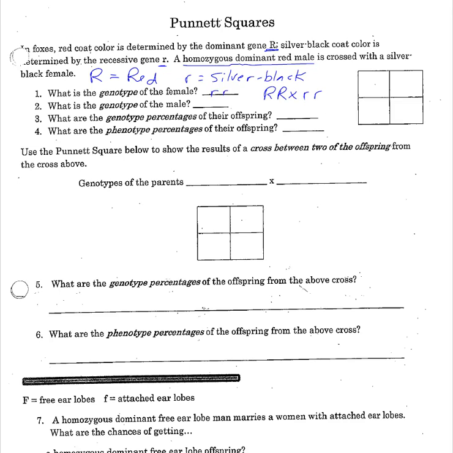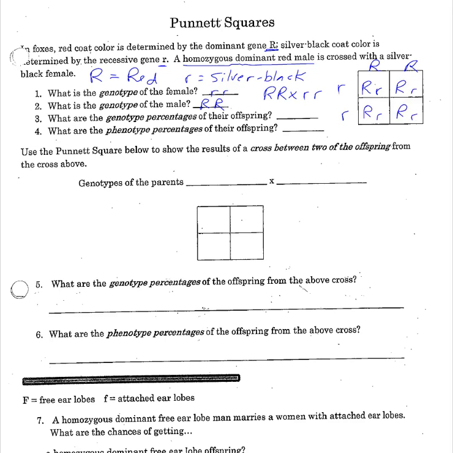And what's the genotype of the male? We just said homozygous dominant for red, so we are putting a big R there. We're still going to complete this cross. The red male alleles are big R, the female is little r. So we're going to produce 4 genotypic offspring that have a big R and a little r combined.